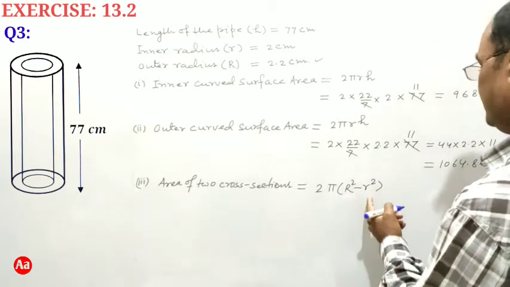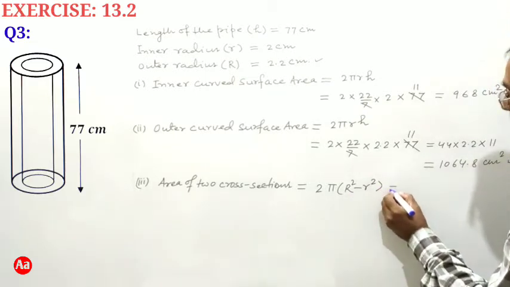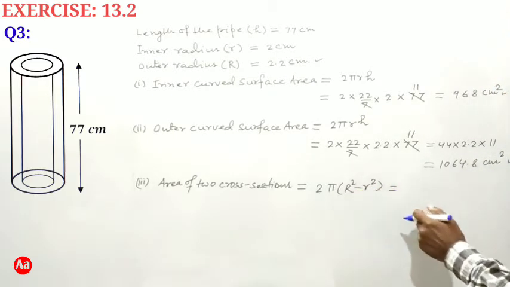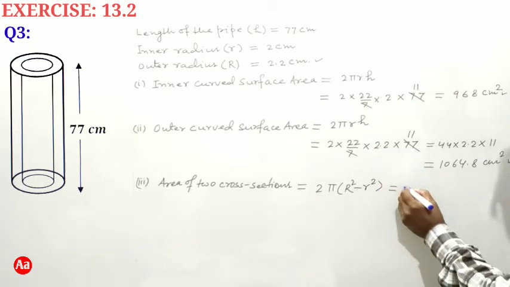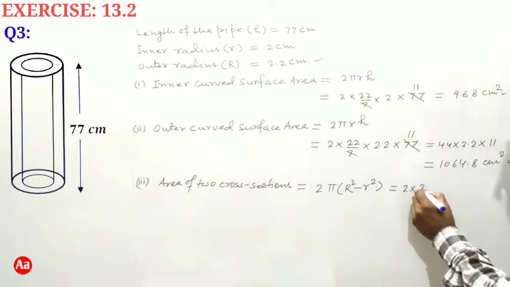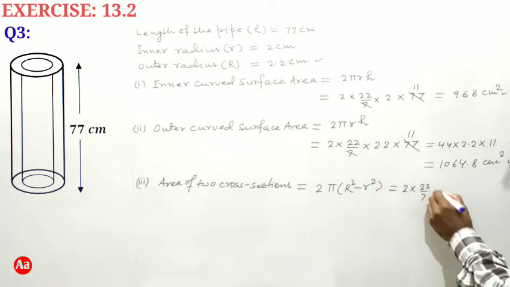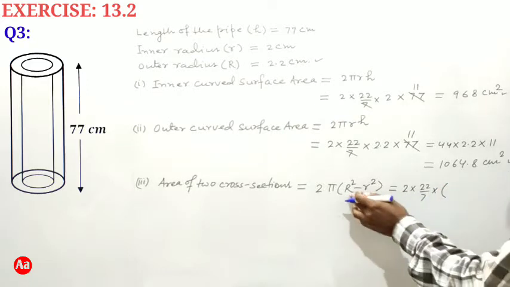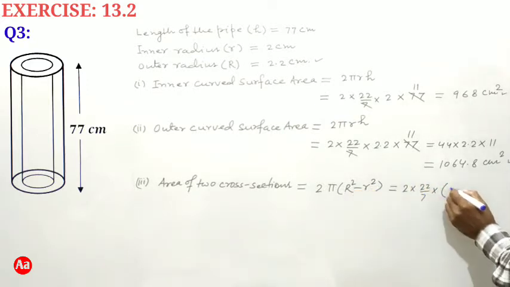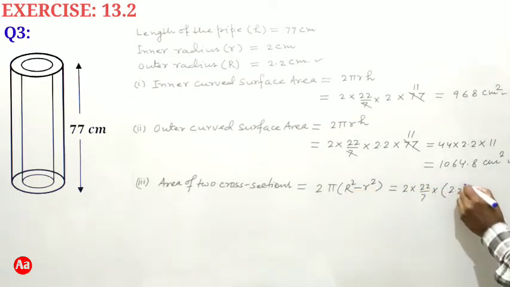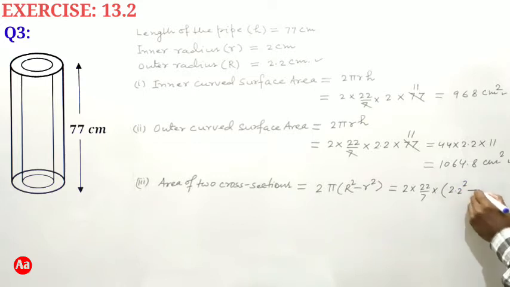Now let's put the values of pi and the two radii, inner radius and outer radius. So 2 into 22/7 into 2.2 square minus 2 square.